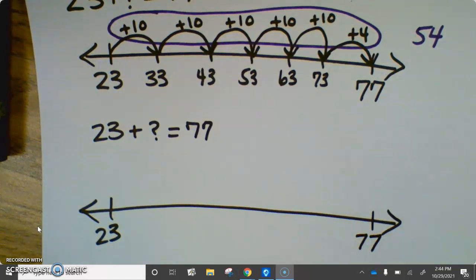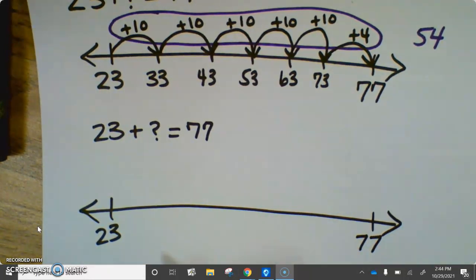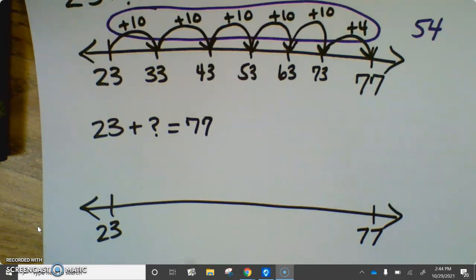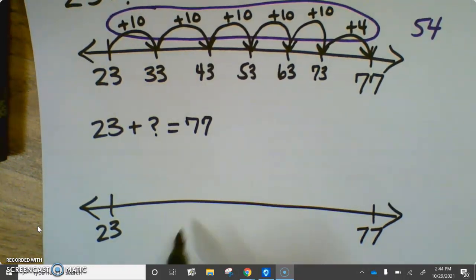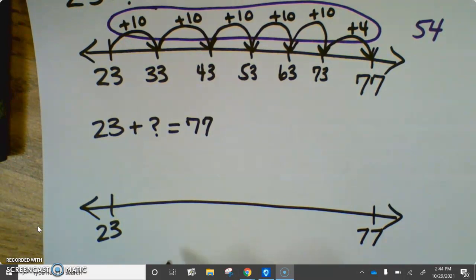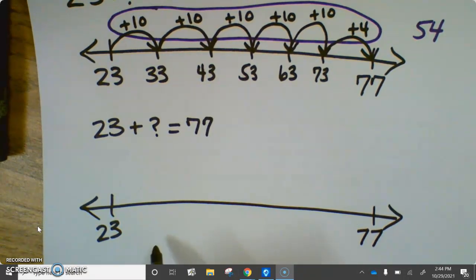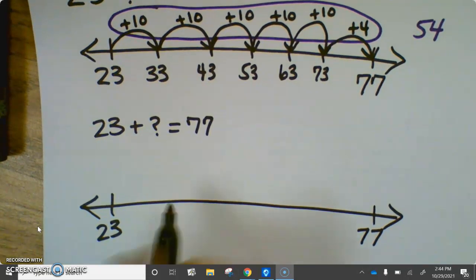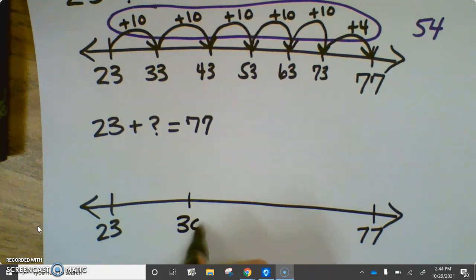So now we're going to start by adding ones first. And when we do that, we want to jump to the very next landmark number, which landmark numbers are numbers that have a 0 in the ones place. So our very next number going forward, getting bigger, that has a 0 in the ones place is 30. So we're going to place 30 on the number line.